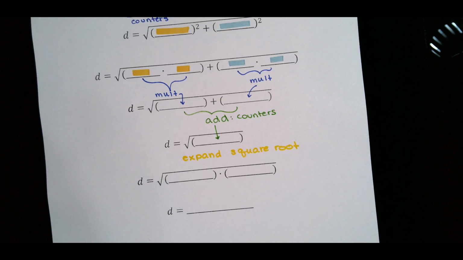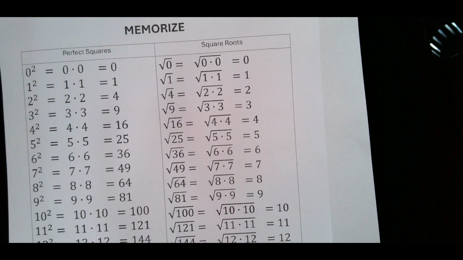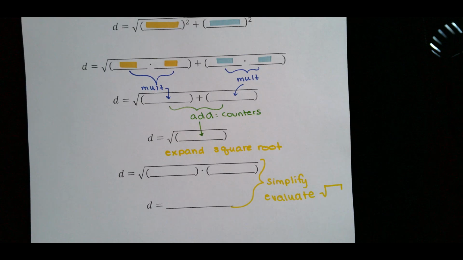This is going to be from yesterday's cheat sheet. So if you want to take that out, please take that out. Because the next step after expanding the square root is to simplify the square root. Okay, again, if you need to take this out, go ahead and take this out. We will need this. I will be referring to it.